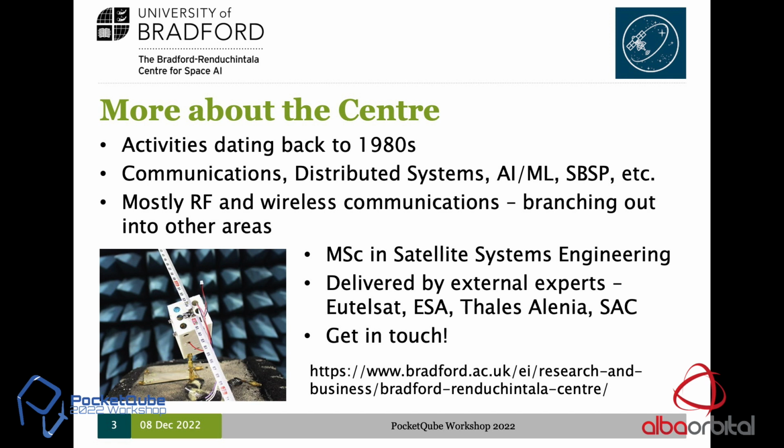Even though we only officially launched in October, so a couple of months ago, research activities at the University of Bradford related to space and satellite systems have been going on since the 1980s. Most of those have a very electronic engineering or wireless communications aspect to it.